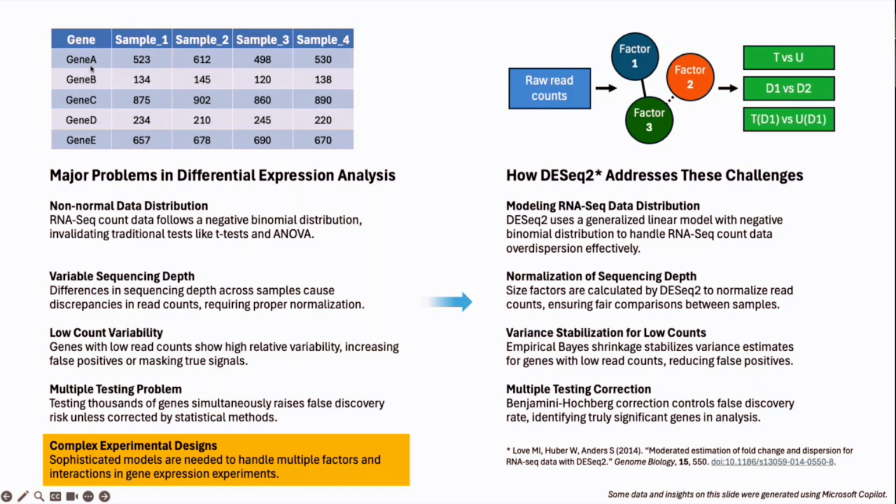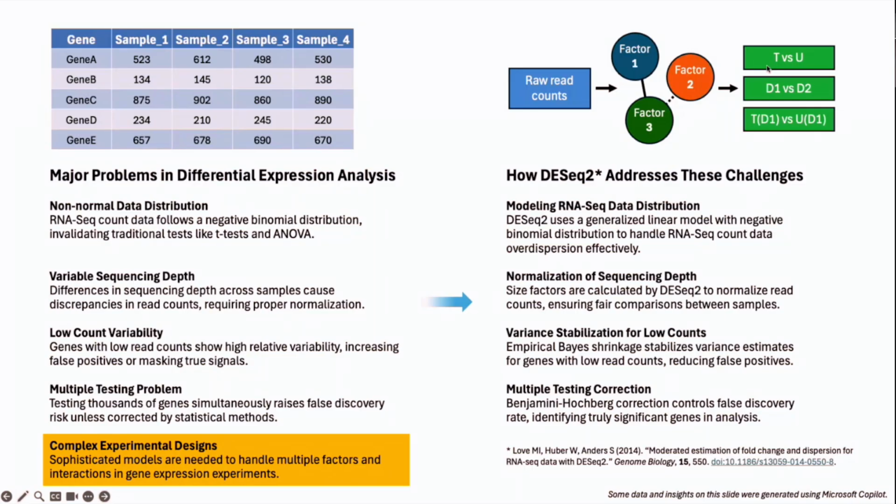Most of the time it's just a matrix with the genes and the raw read counts. Inside DESeq, when we load this data, it's our responsibility to describe how the samples relate to each other, what the factors are, for example treatment, genotype, cell type, how these factors depend on each other, and then, based on all of these, how to extract the proper contrast.